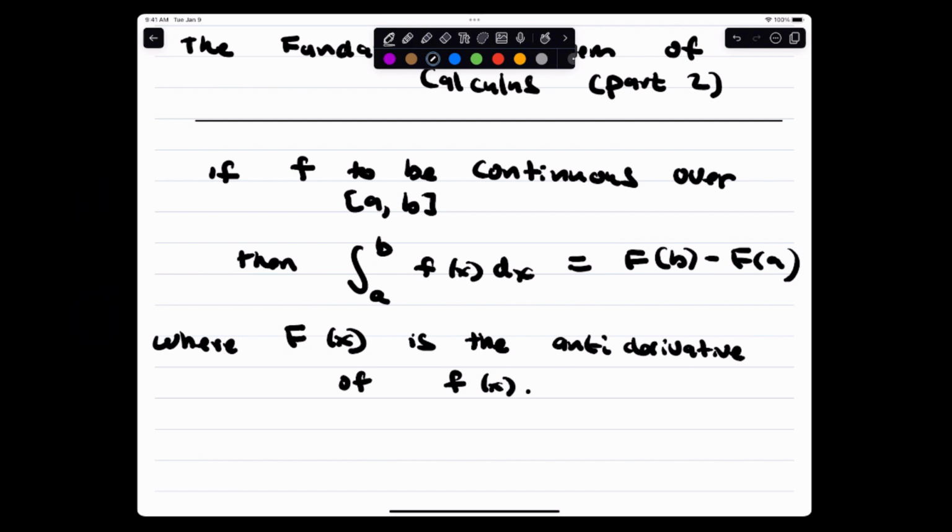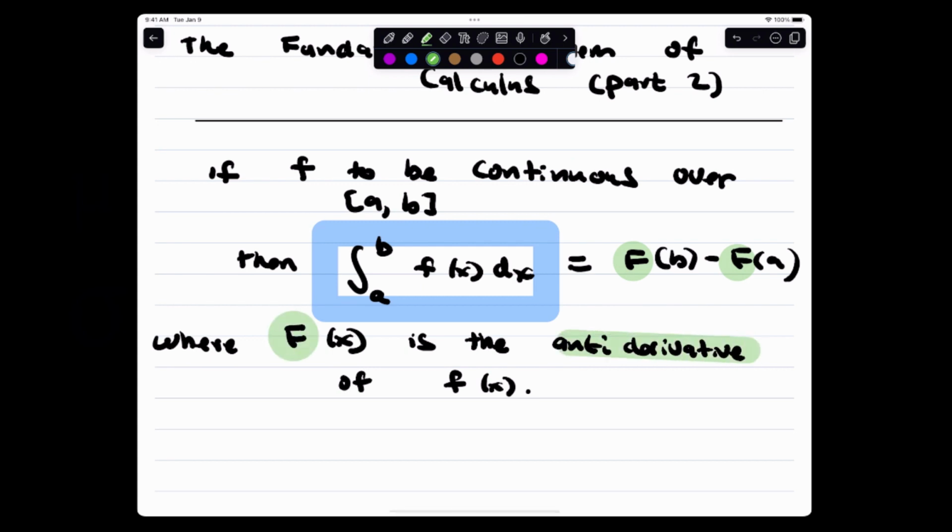Okay, so let me do something here for you guys now. Here's your definite integral, right? See this here, definite integral? Here's my f. What is this? F is the antiderivative of little f.